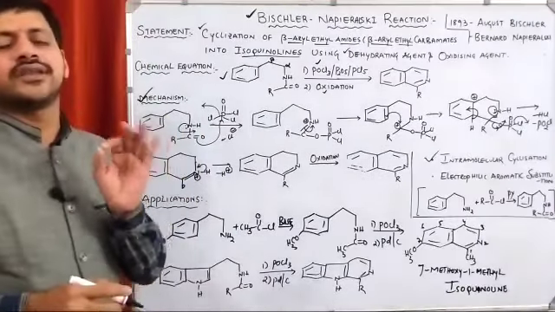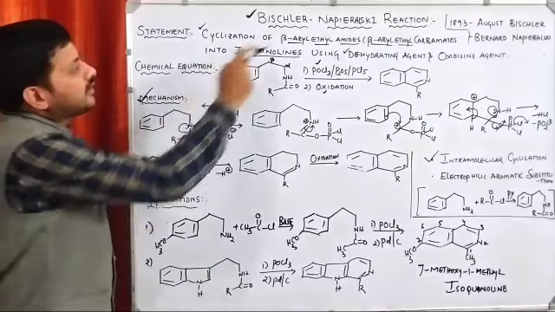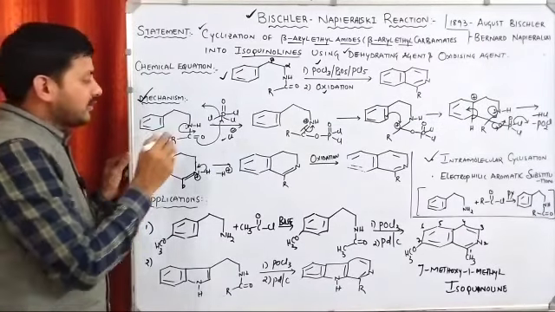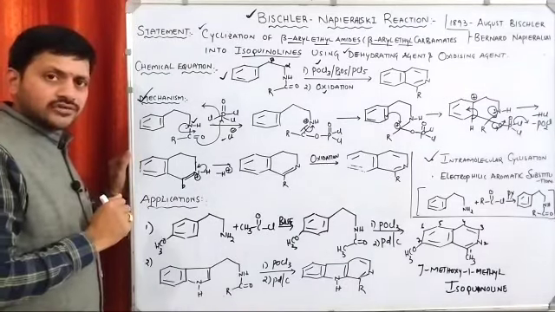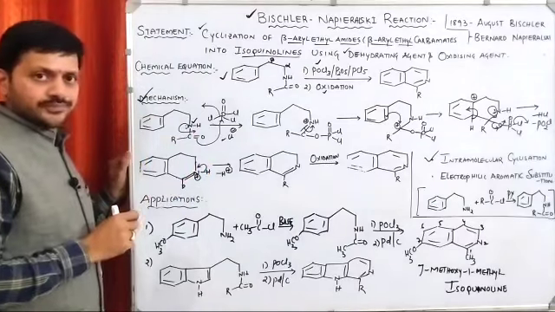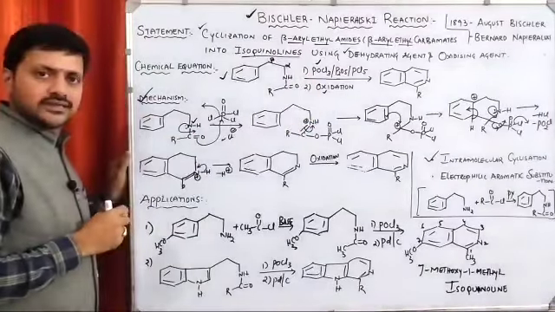The mechanism is very simple. The reactant is your beta-aryl ethylamide. Here we have a nitrogen atom. Nitrogen contains a lone pair of electrons, or not? These electrons will be involved in the mechanism. So what is the dehydrating agent we have used? POCl3. How can we write it?